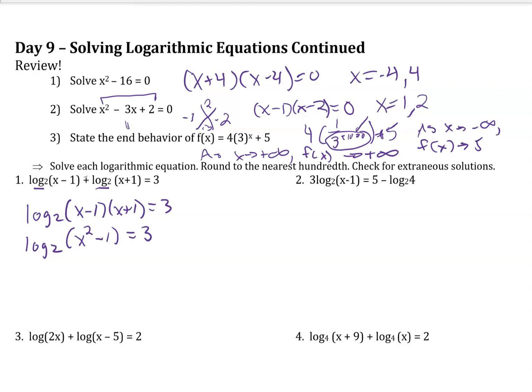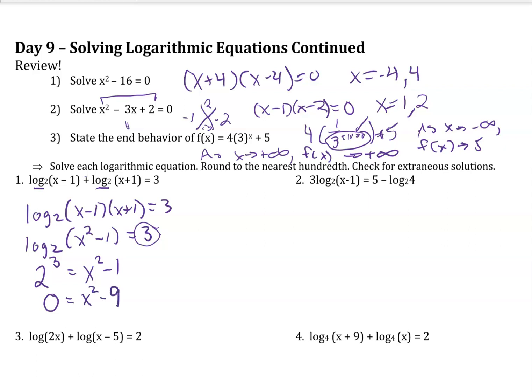Now we know that log base b of something equal to a number means that the base raised to that number equals the something, so it becomes 2 to the third power equals x squared minus 1. Well, 2 to the third power is 8, so I'll subtract 8 from each side to set this equal to 0. So I get 0 equals x squared minus 9.